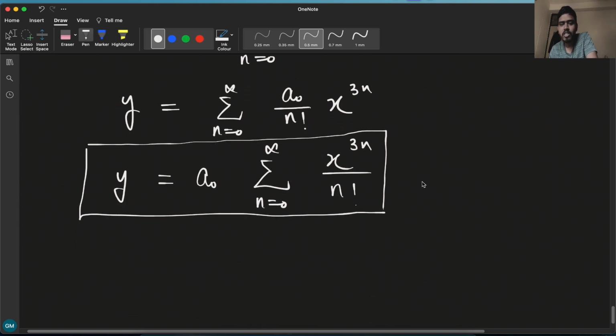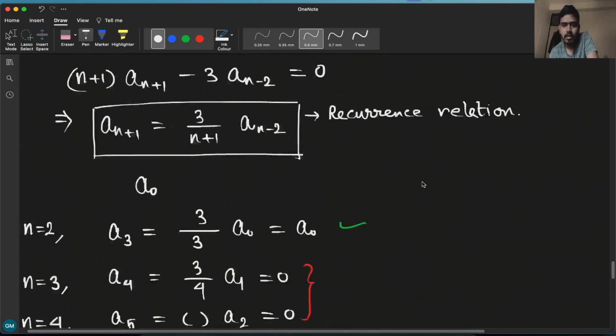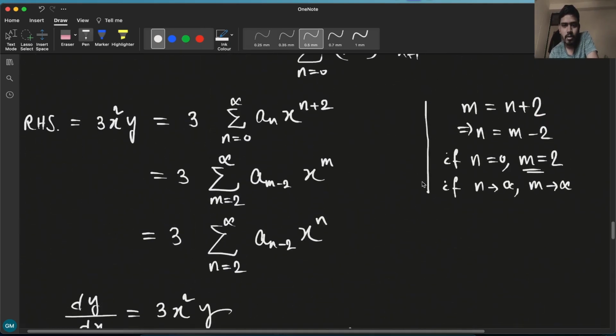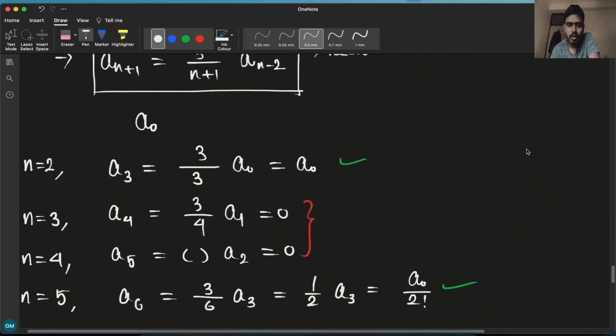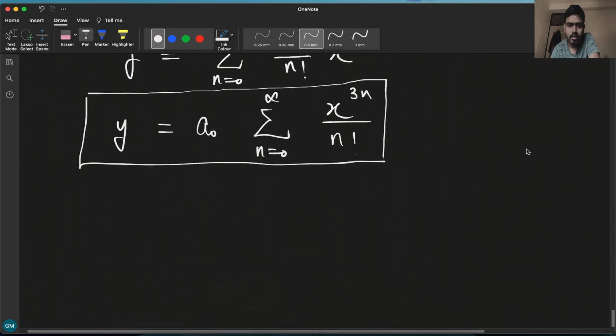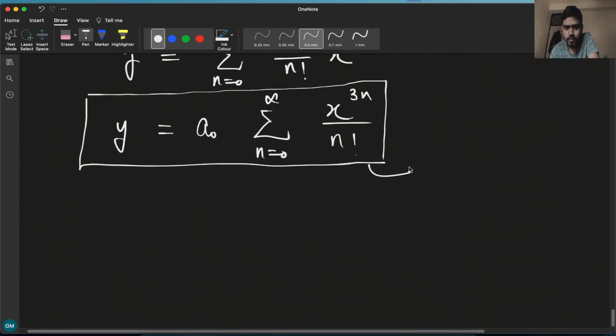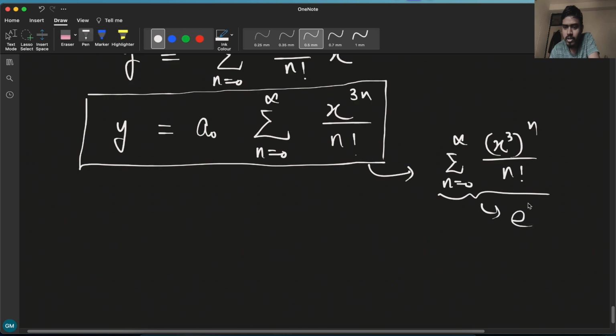And what we are expecting is e to the power x cube, right? And if you look at the series, it is the sum over x cube to the power n divided by n factorial, n equals 0 to infinity, which is nothing but the series expansion of e to the power x cube.